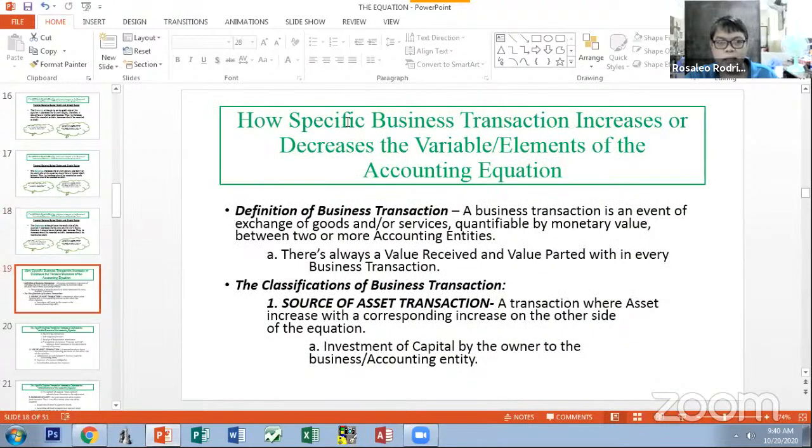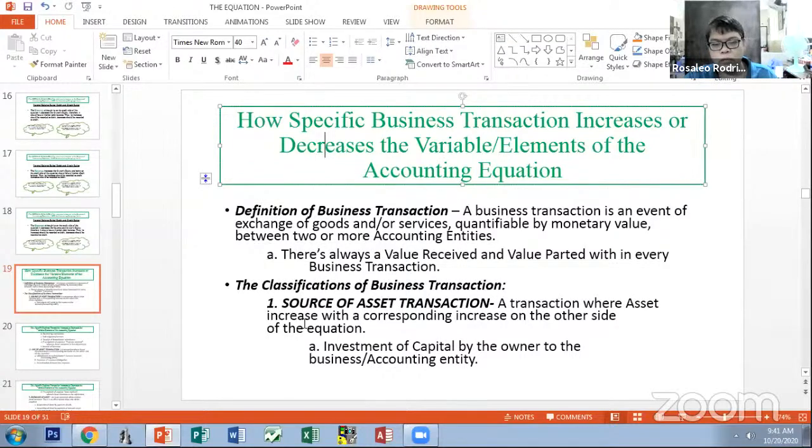Next, this is now the start for us to specifically analyze business transactions. But as a preliminary for that, we have to define what is a business transaction. So this is the topic about how a specific business transaction increases or decreases the variable elements of the accounting equation.